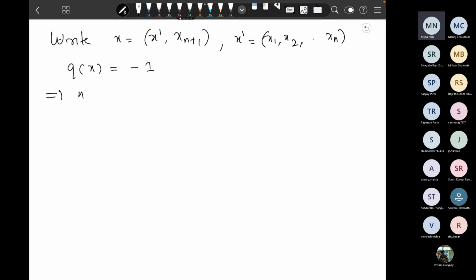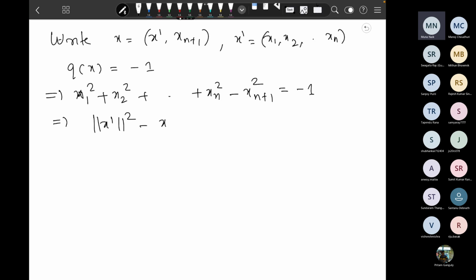This is the same thing as x1 squared plus x2 squared plus ... plus xn squared equals minus x_{n+1} squared, equal to minus 1, right? Now this is the same as norm of x prime squared minus x_{n+1} squared equals minus 1.